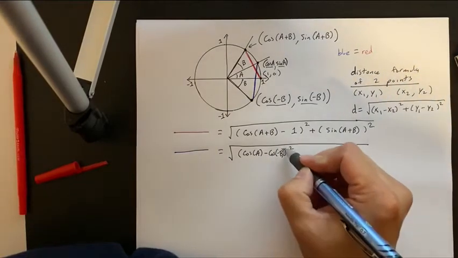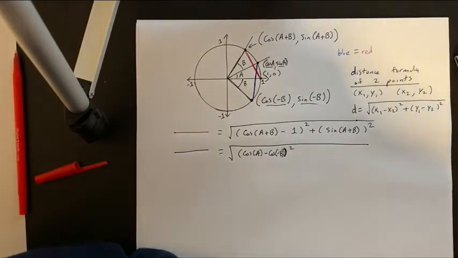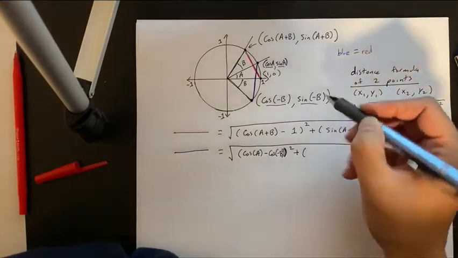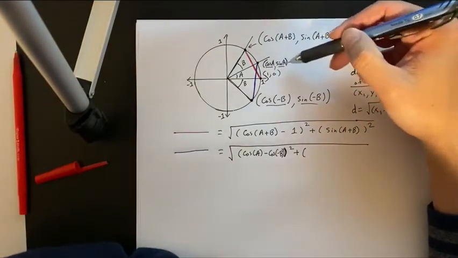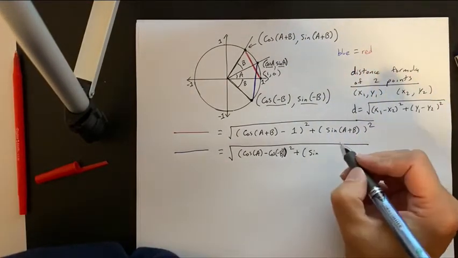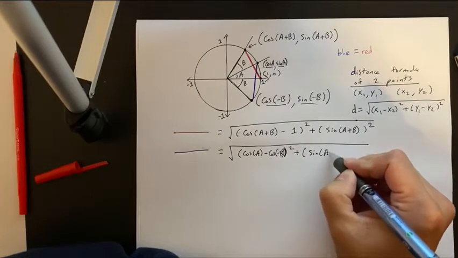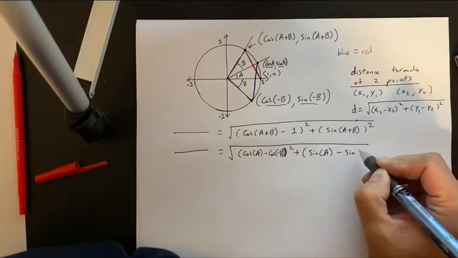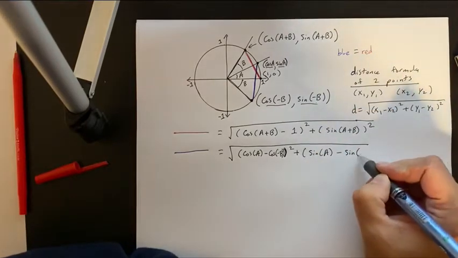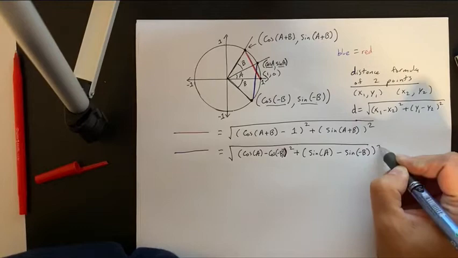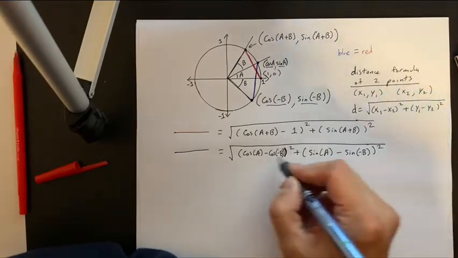Okay, that's a bit of a tight fit. And then plus the difference of the y values. So it will be sine of a minus sine of the other y value, which is sine negative b. And that whole thing is squared. Okay, so everything's underneath the square root.